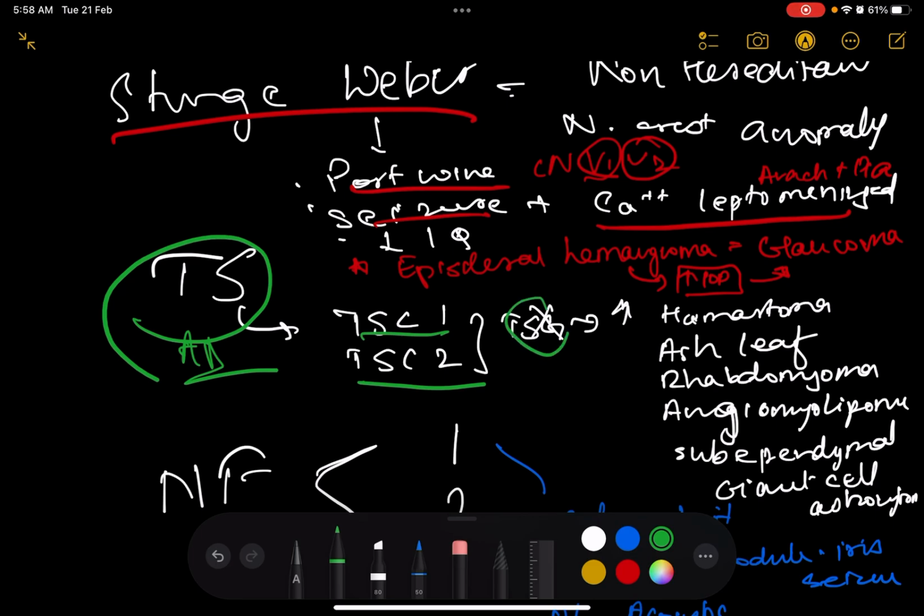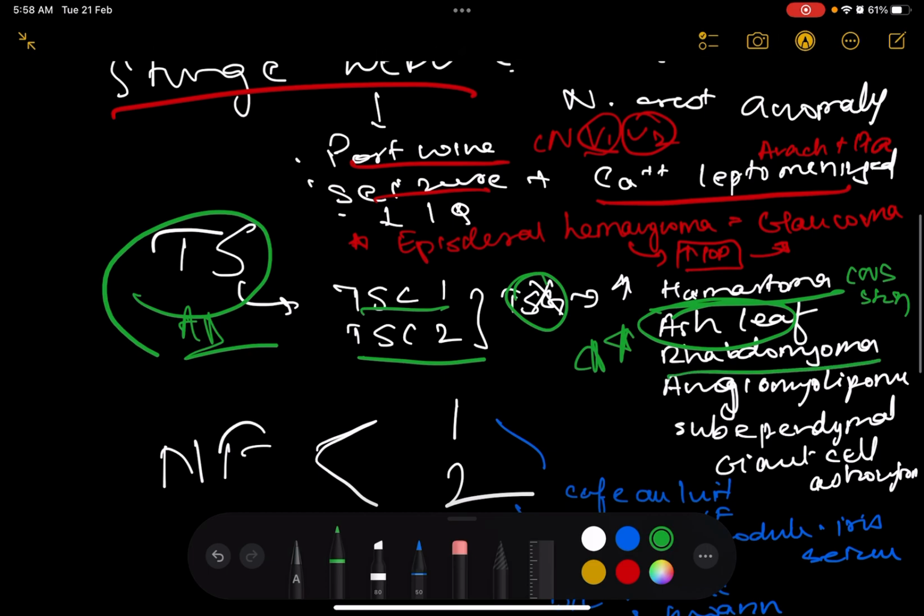It is a tumor suppressor gene, and when there's a mutation in this tumor suppressor gene, obviously there's going to be increased proliferation and there's going to be hamartomas. Hamartomas are mixed tissues, seen in the CNS or in the skin, and you see ash leaf spots. This is very important: ash leaf spots go with TS, and neurofibromas go with café-au-lait spots.